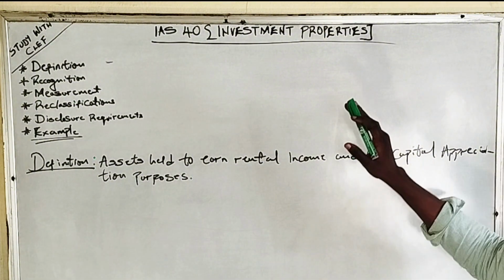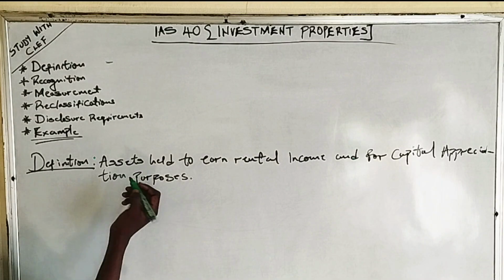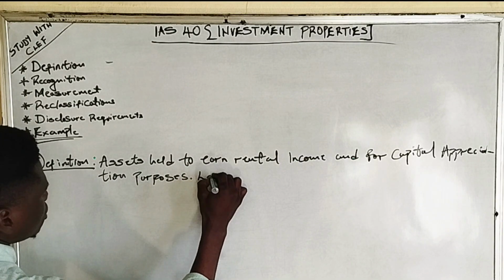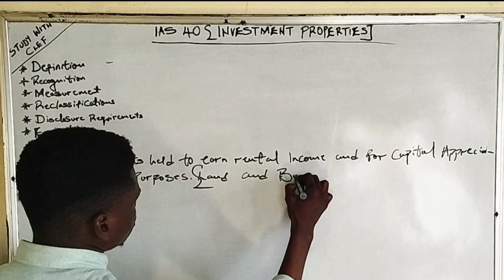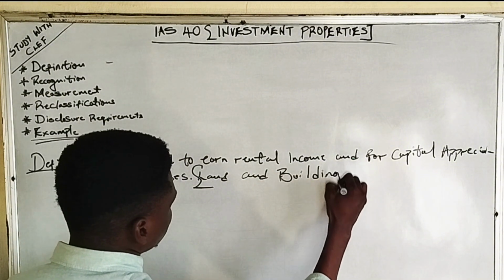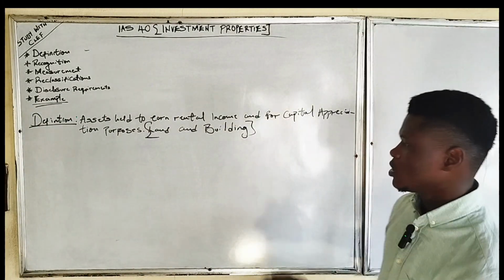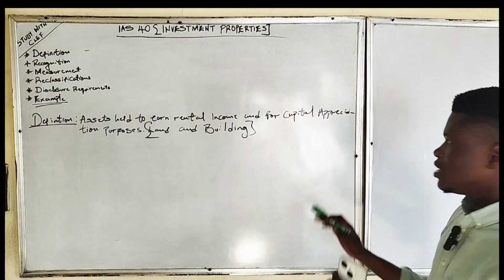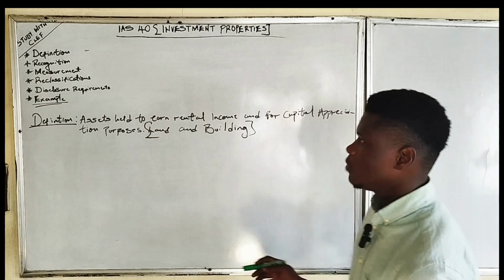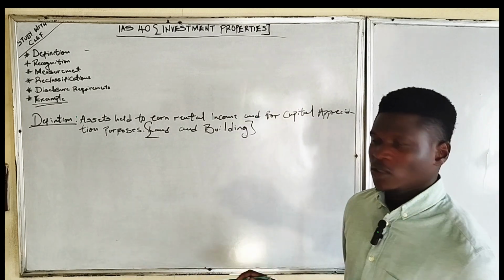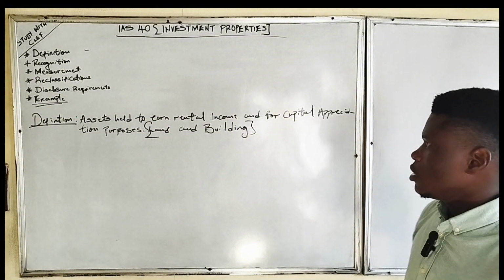So basically, IAS 40 relates to some types of assets, which include land and building. These are examples of investment properties. It's not limited to this, but these are the most important types, which are land and building. And in some cases, it may be part of land and also part of the building. We'll talk about that subsequently as we proceed.